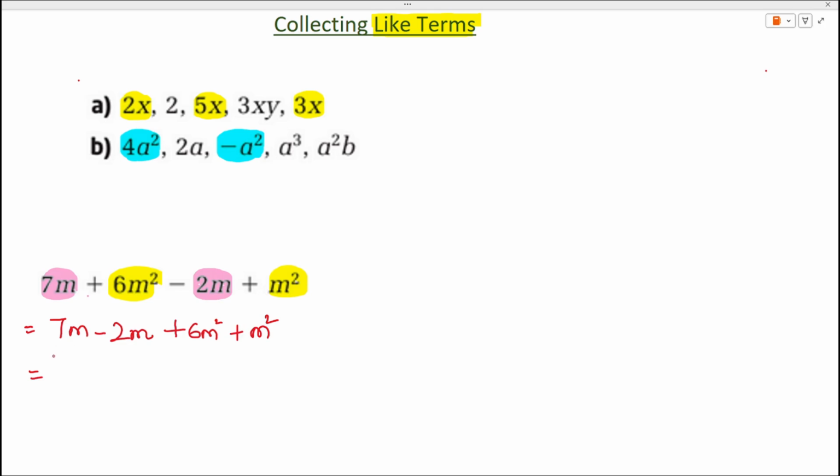Now 7m minus 2m, this is going to give us 5m, and 6m square plus m square. So 6 and 1, when there's no coefficient seen, the coefficient is 1. So 6 and 1 is 7m square. So this is the simplified expression.